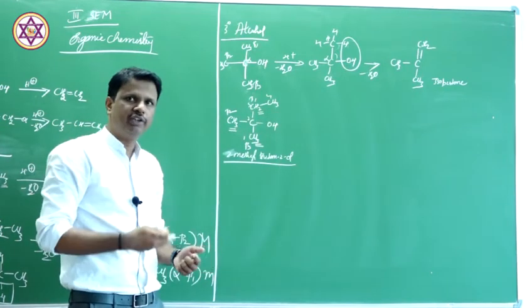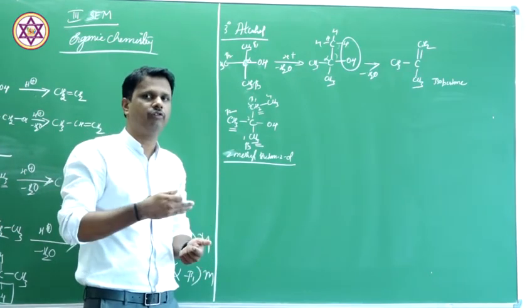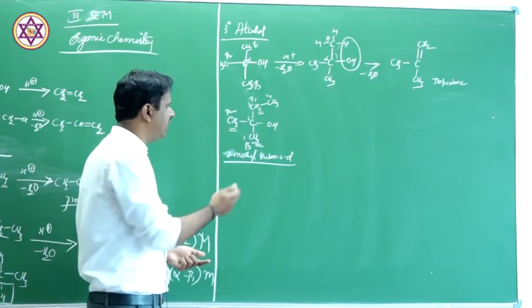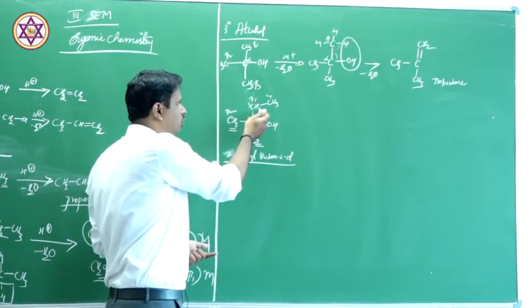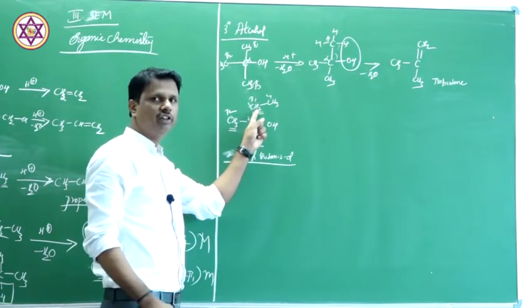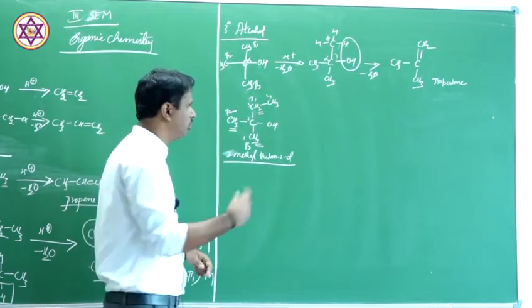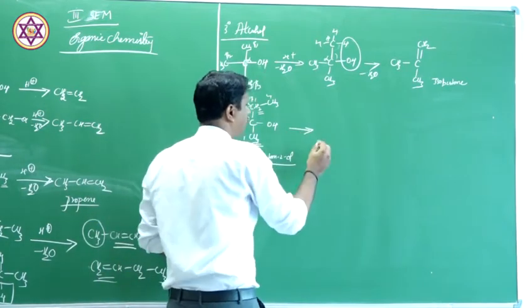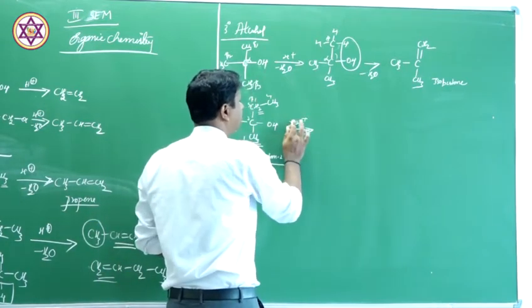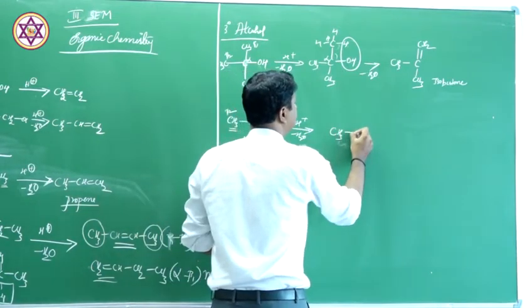So the Saytzeff rule says that hydrogen will be extracted from the carbon containing the least number of hydrogens. In this case, these two have 3, this has 2. So hydrogen will be abstracted from this beta, that is beta 1. That will be the major product. So you may get different products, so the two products, but I'll write both of them. You are adding H plus, you are removing water, you are going to get CH3.